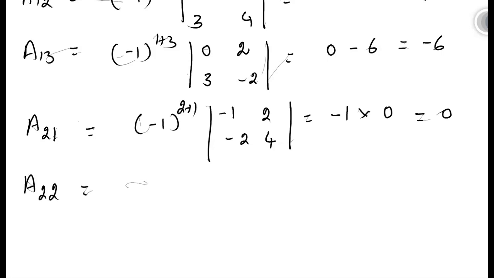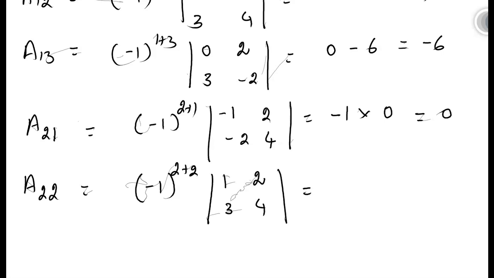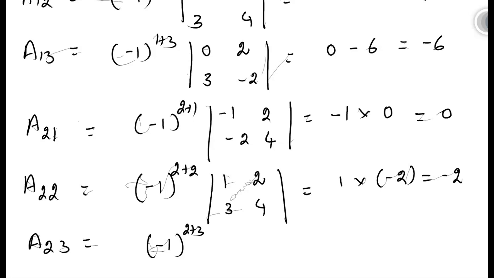A22 is equal to minus 1 to the power of 2 plus 2. Leaving the second row and the second column, you will be left with 1, 2, 3, 4, which is equal to 1 into 4 minus 6 will give you minus 2, which is equal to minus 2. Then A23 is equal to minus 1 to the power of 2 plus 3.